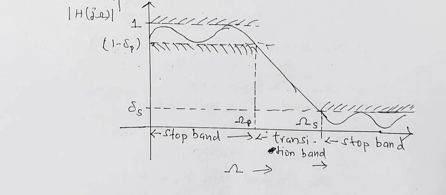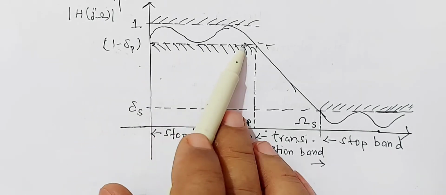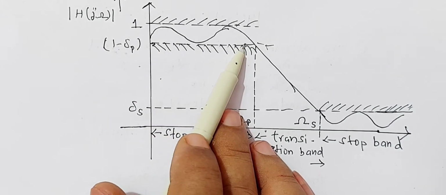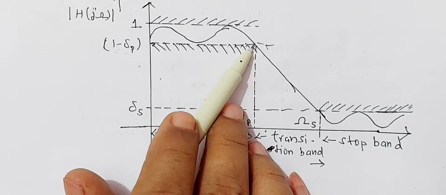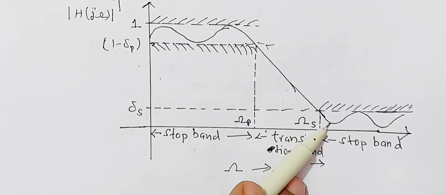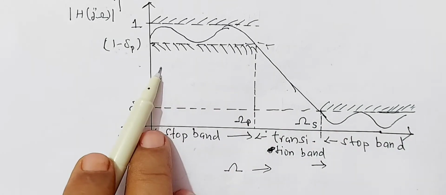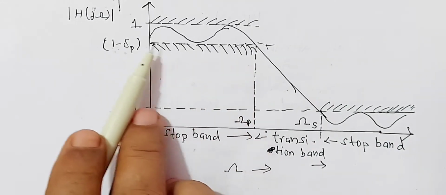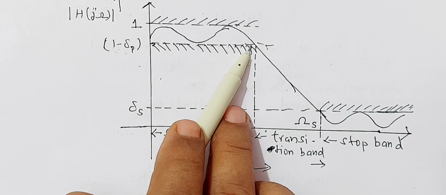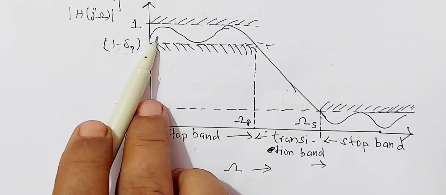That means any magnitude frequency response has three portions. One, the maximum value portion. Another, where the value decreases from maximum to minimum. And another, where the value remains in the minimum state. Therefore, there are three states. One is the pass band state, because output is passed here.